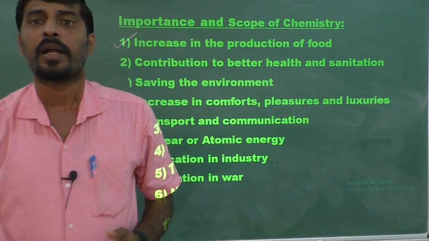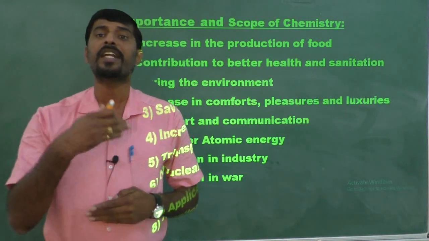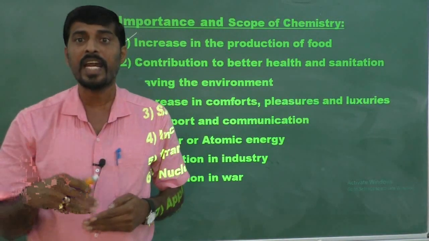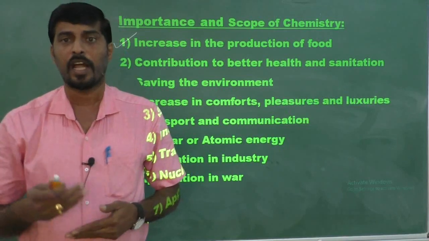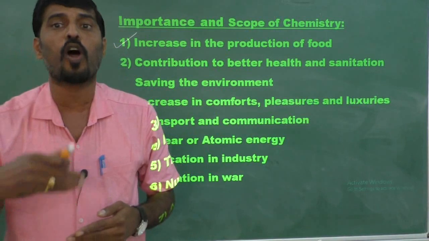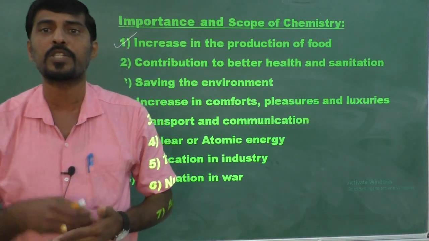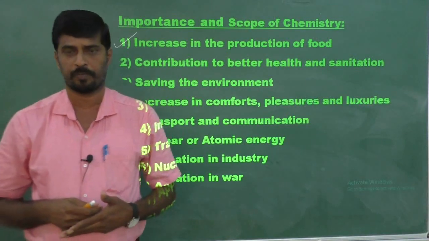Now we know that day by day the population is increasing. When the population increases, the need also increases. In order to fulfill the need, the production of crops should be increased. How does chemistry help us to increase the production of food?